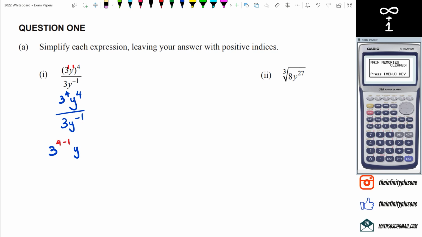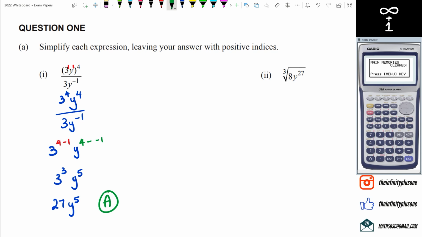Then I've got 4 take away -1 from the denominator. So what we end up with is 3 to the power of 3 and y to the power of 5. Now 3 to the power of 3 is, geez, just having one of those days, isn't it? 27. And then we've got y to the power of 5. So 27y^5. Checking the grades, this is actually worth an Achieved.